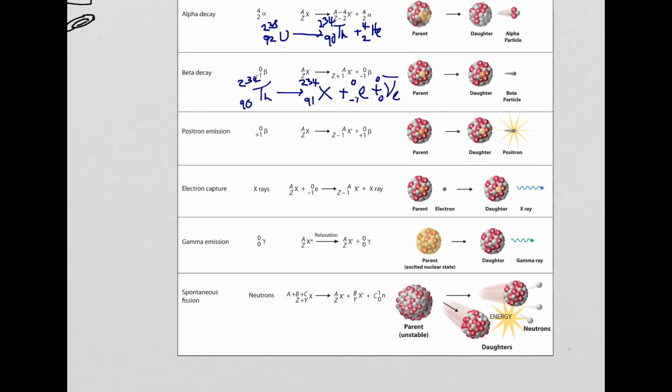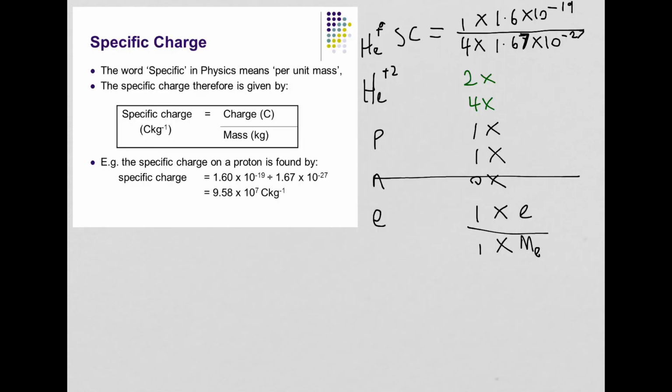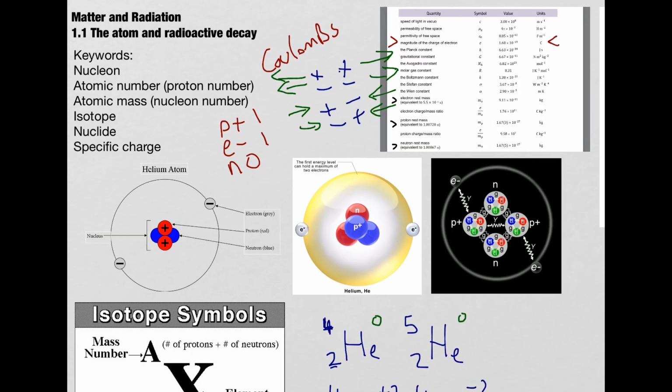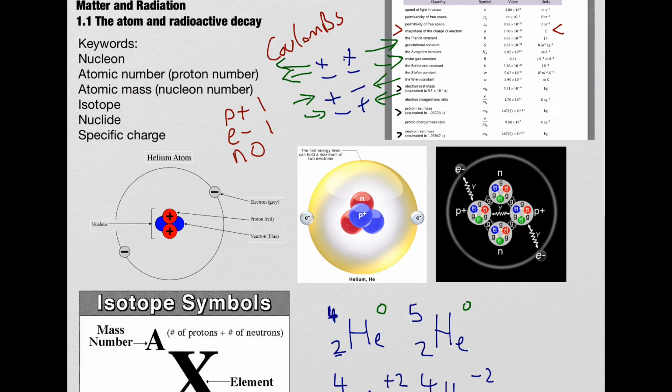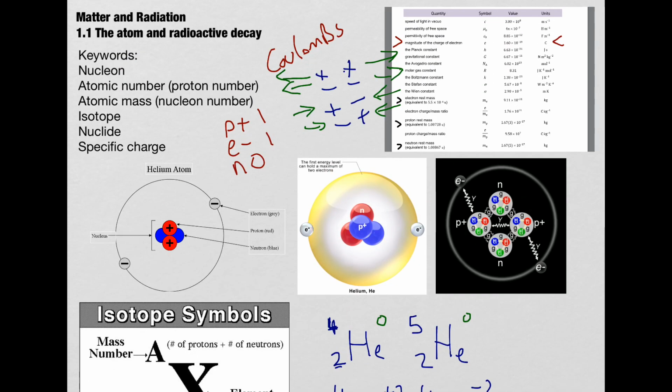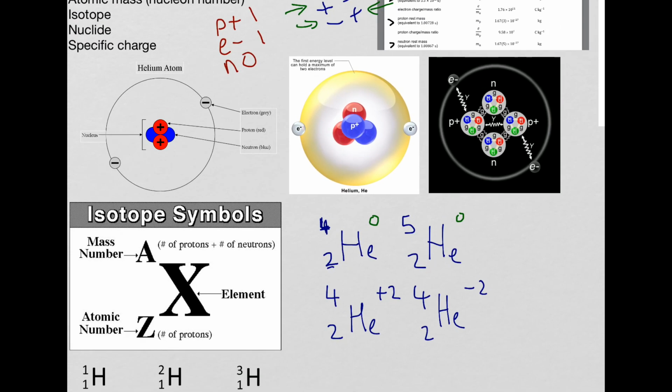Right, so recapping, we've learned the word nucleon, meaning anything in the nucleus. We've learned how to write in isotope form and what the different parts mean. We've learned how to answer the question, what is an isotope? We've learned this term nuclide for all these different types of elements that we might get, the different nucleus arrangements.